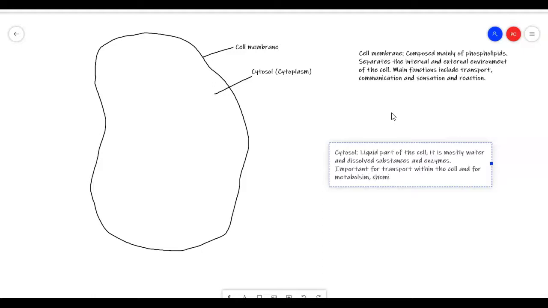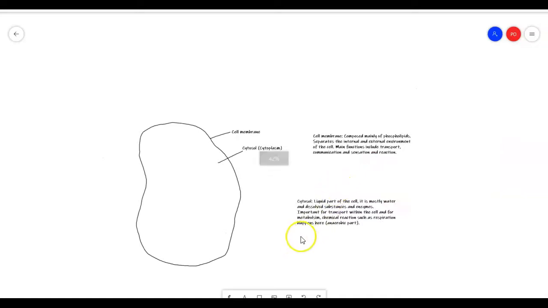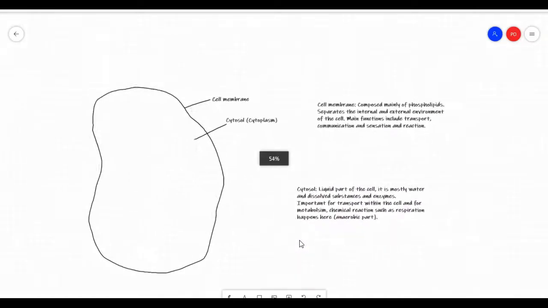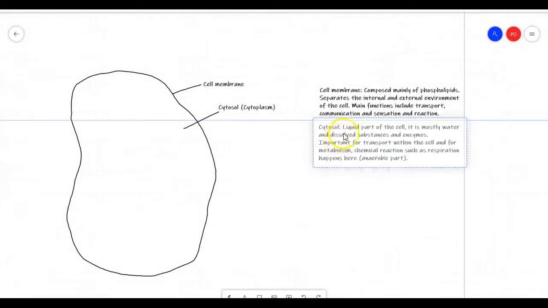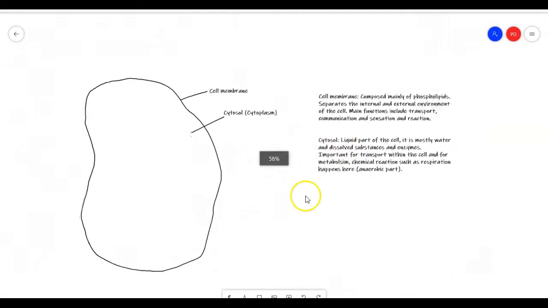So chemical reactions such as respiration happen here. At least the anaerobic part. And respiration, we're gonna learn way more about that in the later part of the course here. But just write it down now, and you can have it for your notes later.